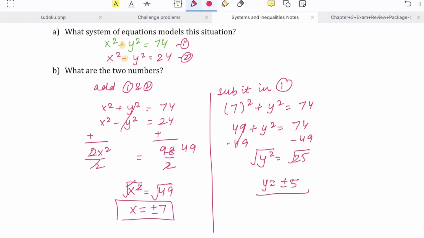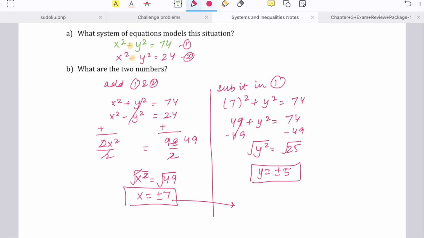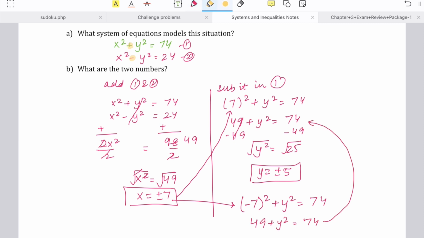Don't forget about that. Let's do the same thing for negative 7. So if we do it for negative 7, it's going to be positive 49, right? Which leads us to the same equation, right? Because negative 7 squared and positive 7 squared is just 49, right? So you'll get the same answer.